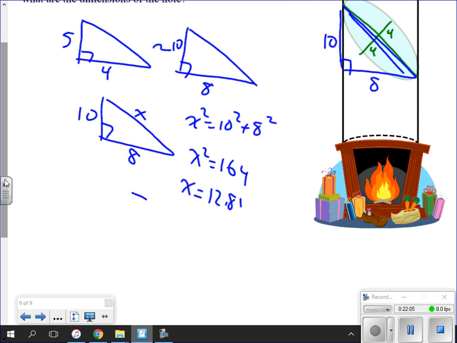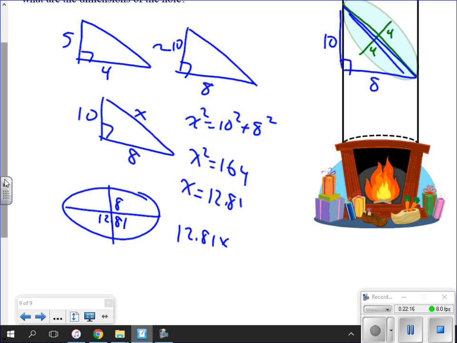So 12.81 by 8. So the dimensions of my hole are 12.81 by 8. So I got to go about 13, a little bit less than 13. About 12 and what's it, 7/8. 12 and 7/8 inches by 8 inches.